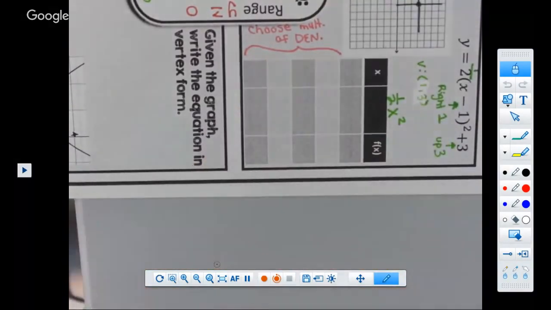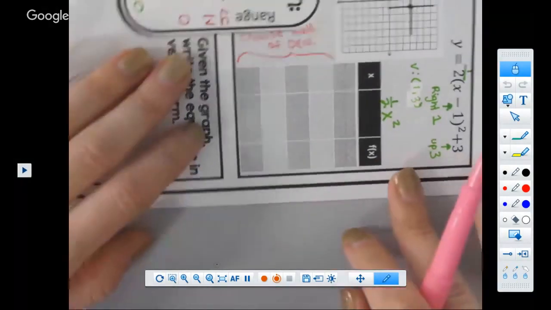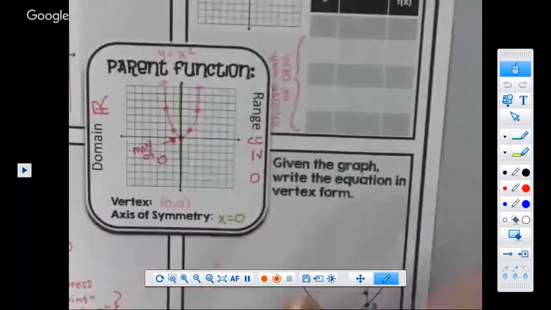Because if you choose 1, -1, and 0, you're going to get fractions, and we don't want to drag fractions. The denominator of your fraction is what you're going to choose. If you don't have a fraction, you can choose 0, 1, -1, right? But we're going to choose multiples of the denominator. What's our denominator?